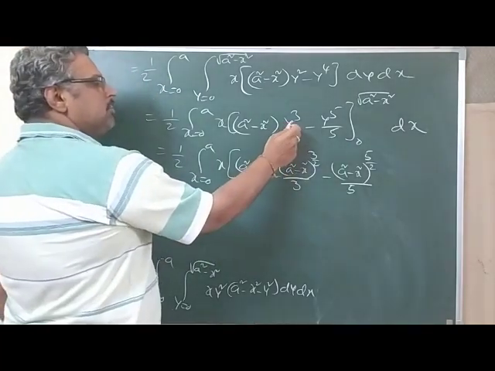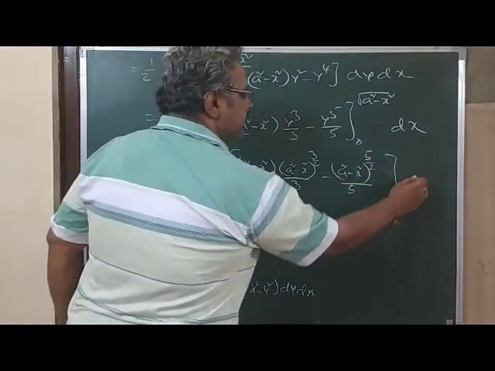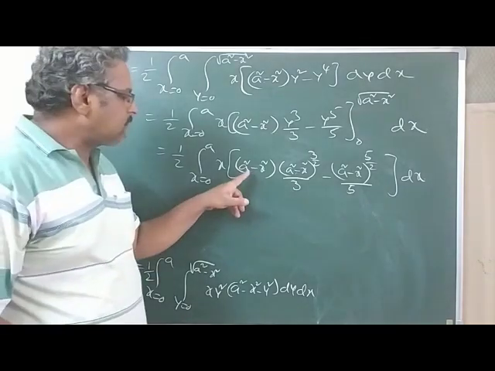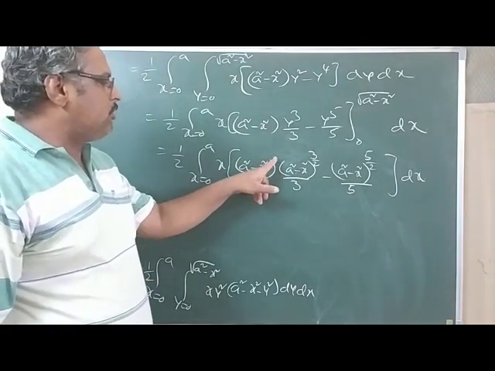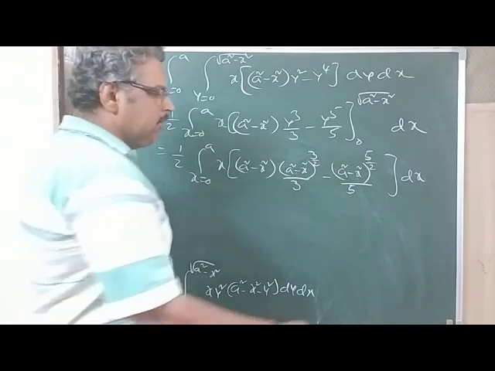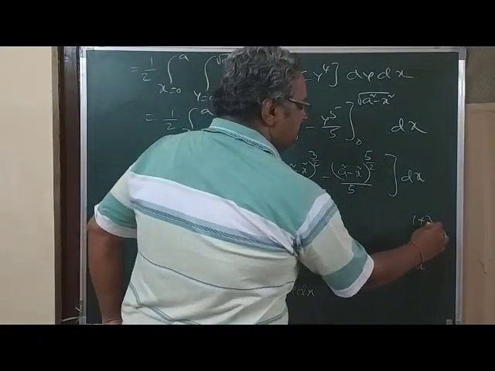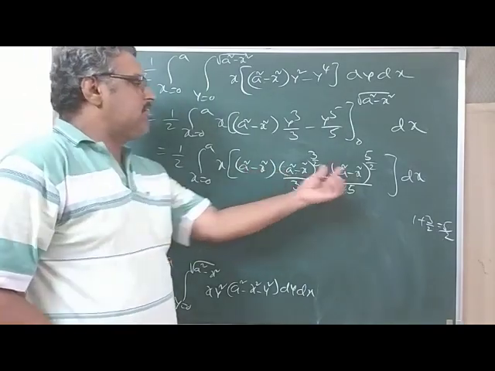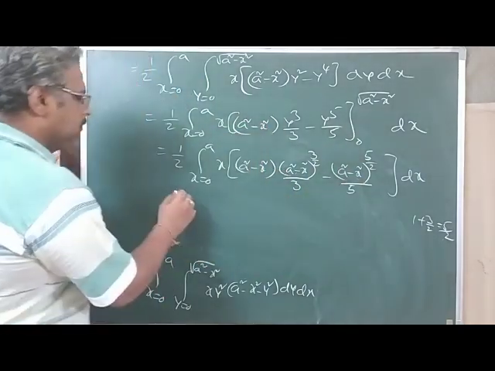If you put y equals to 0, this is 0, this is 0. Now observe, a square minus x square whole power 1 whole power 3 by 2, 1 plus 3 by 2 is 5 by 2. So this term is same as this term.